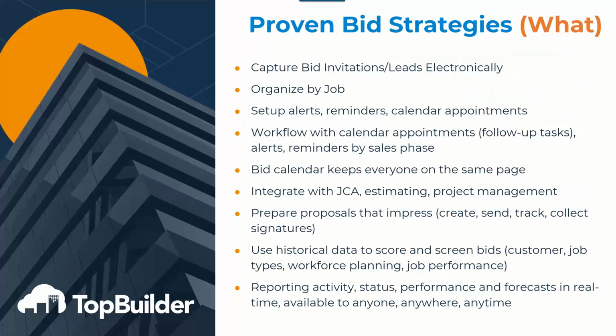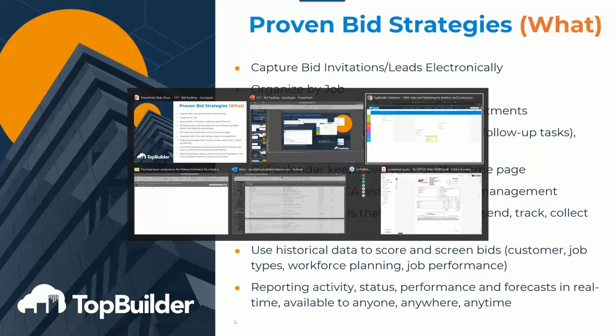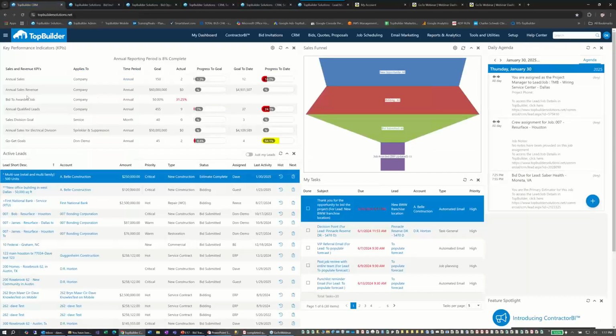Okay, and so one of the things that's also very, very important is when you move a prospect through the sales pipeline. Let's just say you take one and we'll grab a lead off of our dashboard here. This is the dashboard.